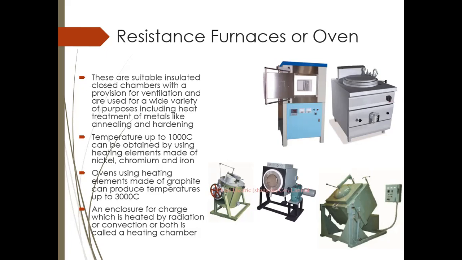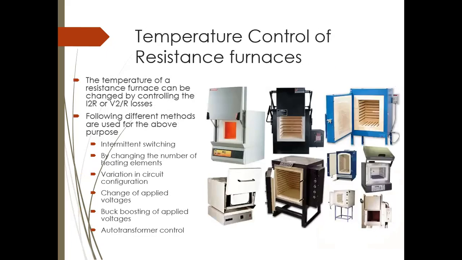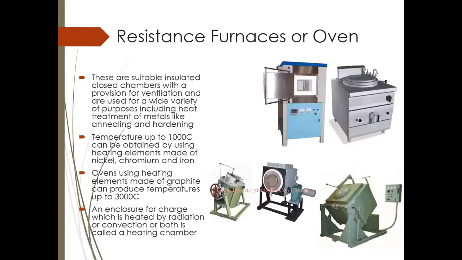In the case of nichrome, it's 1150 degrees centigrade. That of Kanthal, which is made of iron, chromium, aluminium, is 1200 degrees centigrade, and that of silicon carbide is 1450 degrees centigrade.